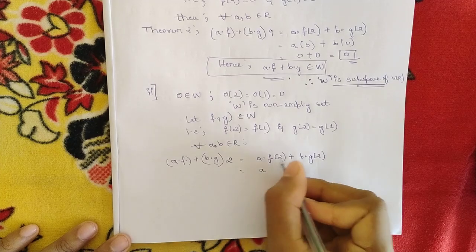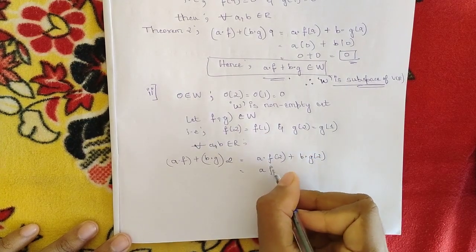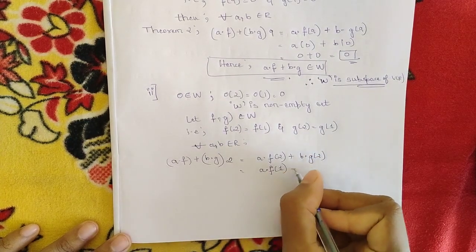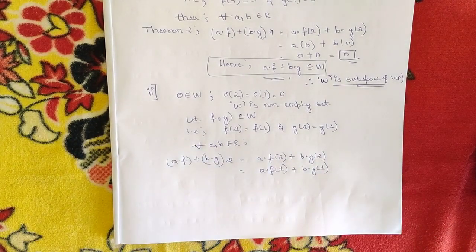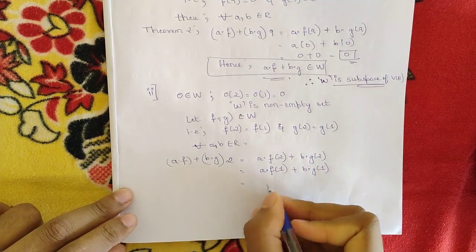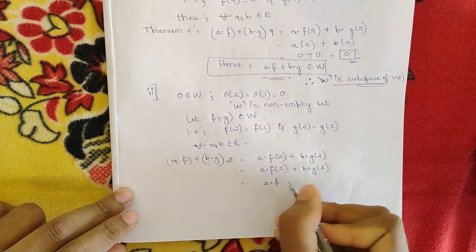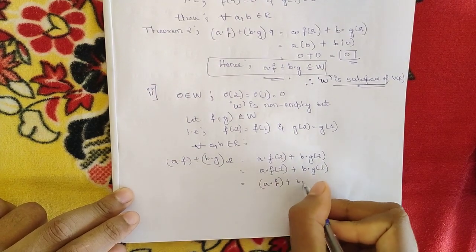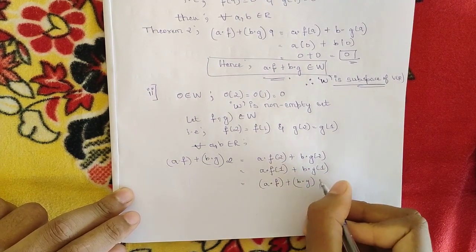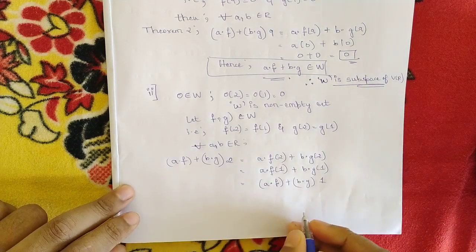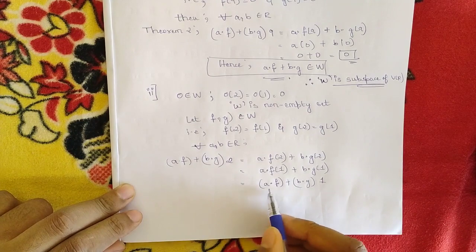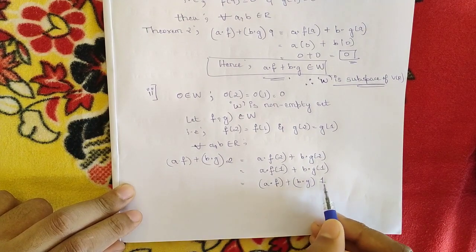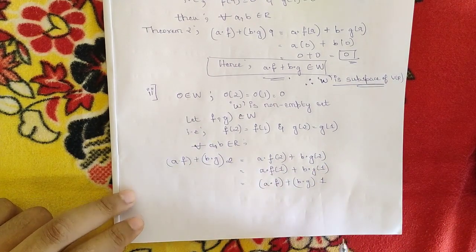So now what is f of 2? f of 2 is equal to f of 1, right? So a dot f of 1 plus b dot g of 2 also is equal to g of 1. So now we can do one thing, that is a dot f plus b dot g we can take common, and 1 is common, so I have taken it outside. So we can say that a dot f plus b dot g into 2 is equal to a dot f plus b dot g into 1. So we can say that this conclusion is satisfied.